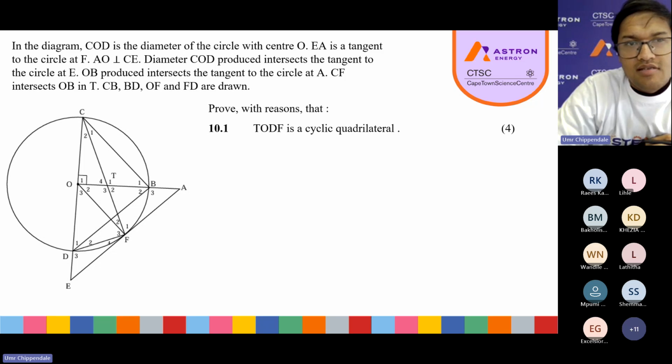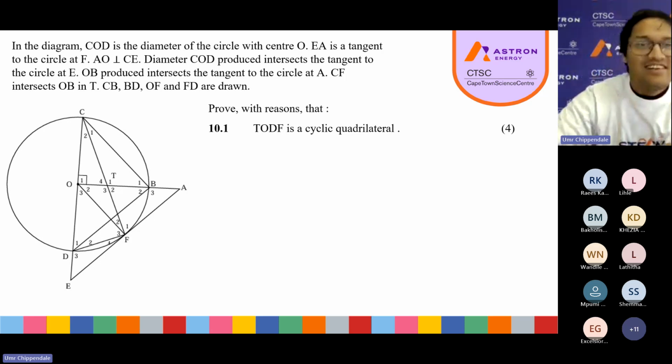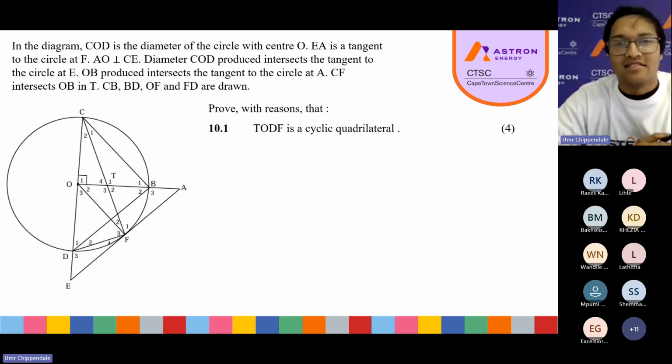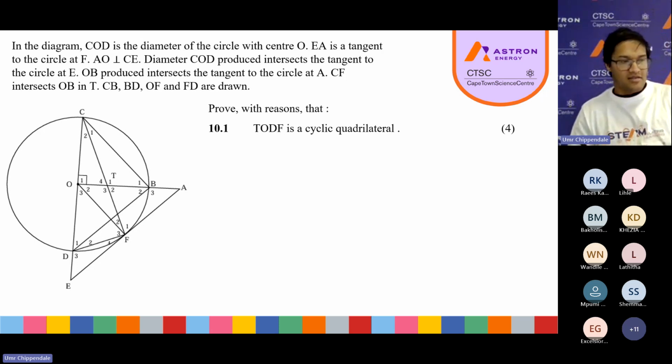OB produced intersects with the tangent to the circle at A. CF intersects OB in T. CB, BD, OF, and FD are drawn. They have that over there. We need to prove with reasons that TODF is a cyclic quadrilateral.